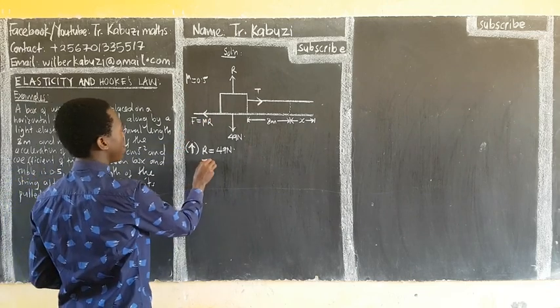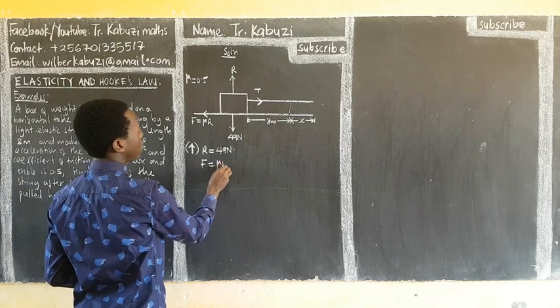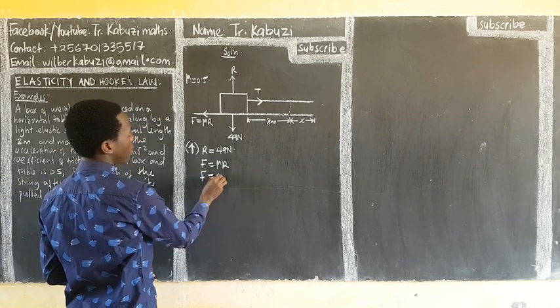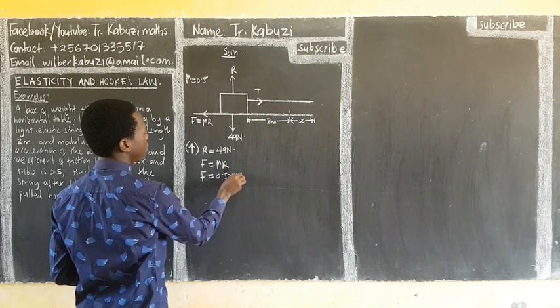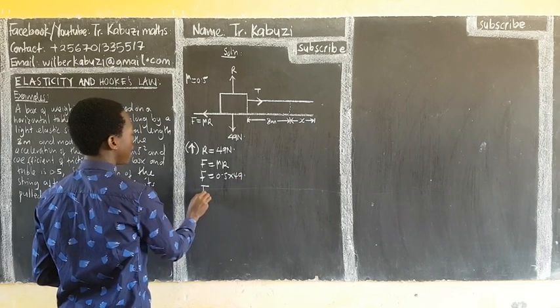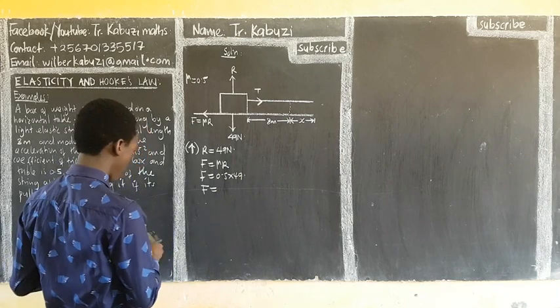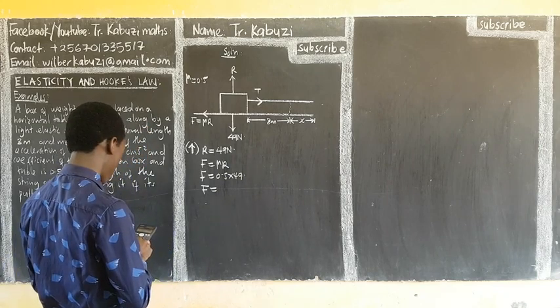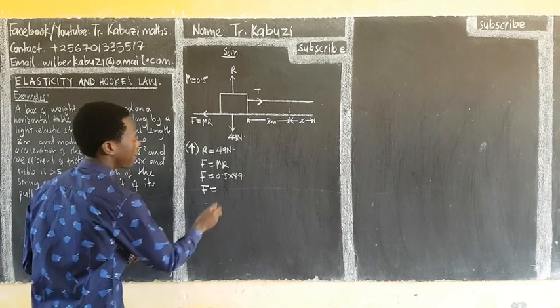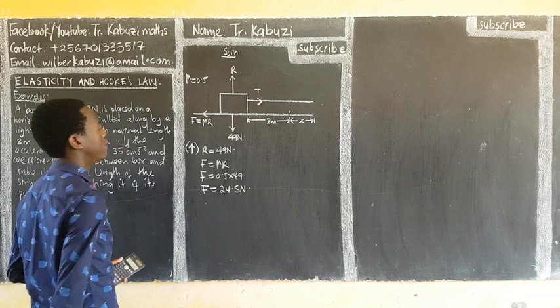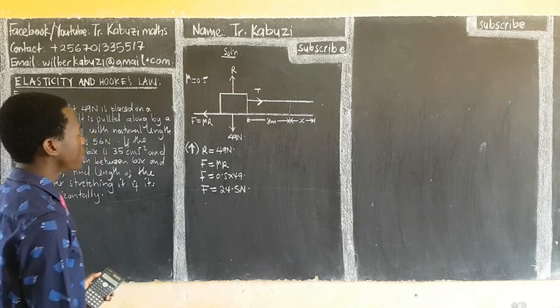So my F, which is equal to mu R, is going to be 0.5 times 49. So my F here is going to be 24.5 newtons. So this is the frictional force that I have there.